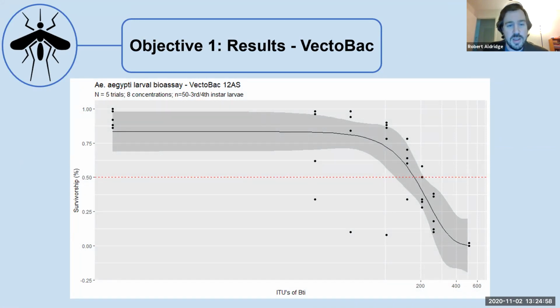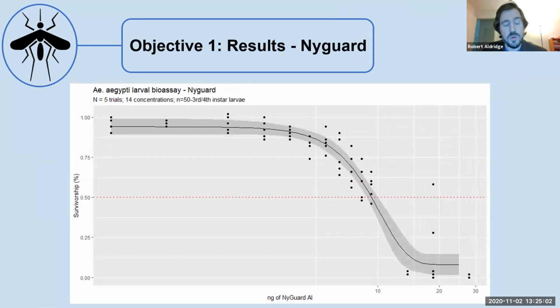So we have the BTI, we have Nigard, which is actually a pyriproxyfen. If you look at the bottom, this is in nanograms of Nigard, which is an insanely small amount of pesticide.